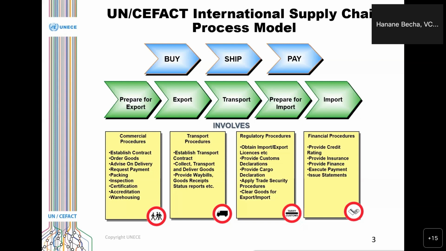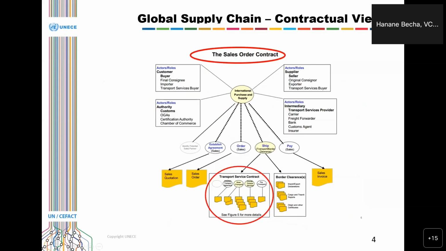When we focus on the supply chain, we do really cover the sales order contract. So we talk about the different actors, the different roles, and the different required documentation and contract. Beyond covering all these data elements and different processes, we are really having a holistic view and approach. So the information is not purely related to goods or purely related to transport or regulatory.